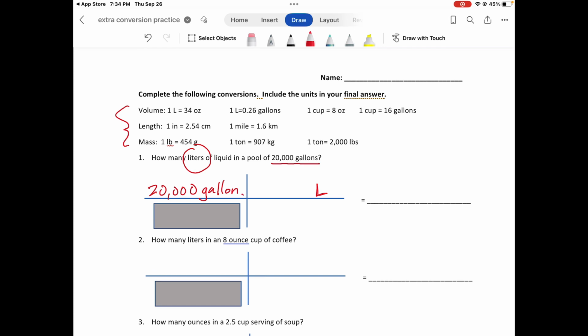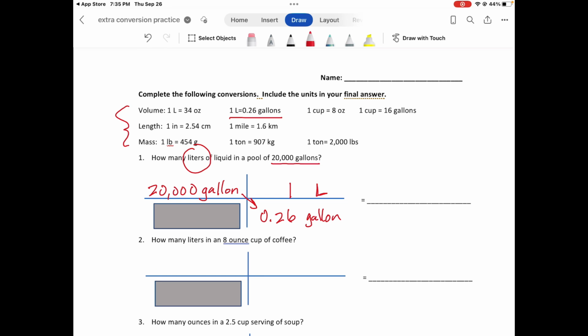Now remember, we want the units to match: gallon here, and we want gallon down here. So we know that 1 liter is equal to 0.26 gallons.